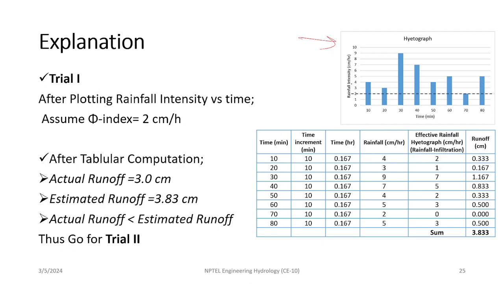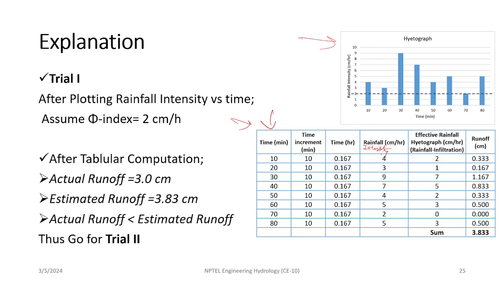You can see rainfall intensity has been computed, which varies with time. Now follow this table. What was the data which has been given? Time was given. Also rainfall, it is saying, I guess it won't be. Okay, it is rainfall intensity.